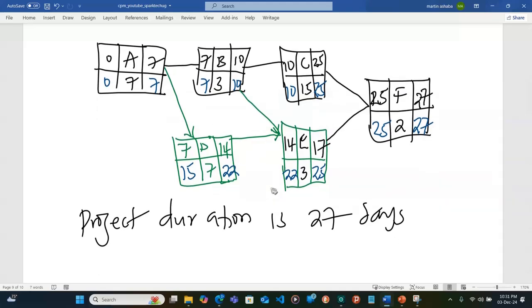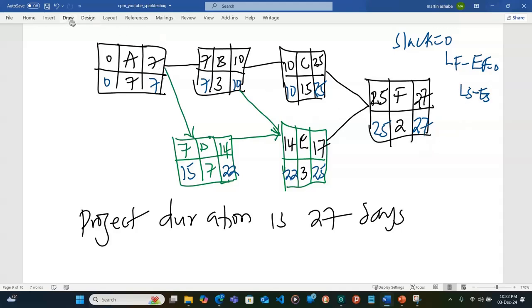So which activities are getting us slack equal to 0? That is, if you have latest finish minus earliest finish equal to 0, or latest start minus earliest start equal to 0.